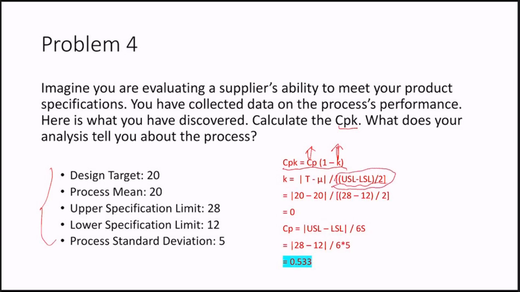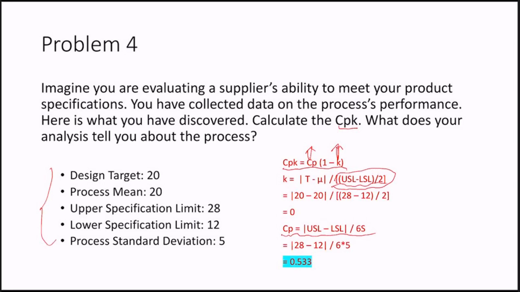But we still need to understand this part. If we want to know the values of this part, we need to find the upper specification limits and the lower specification limits. After we obtain K, which is 0, we need to find CP. CP equals the absolute value of the difference between the upper limits and the lower limits, divided by 6 standard deviations.